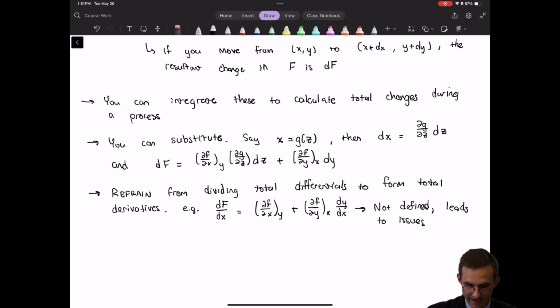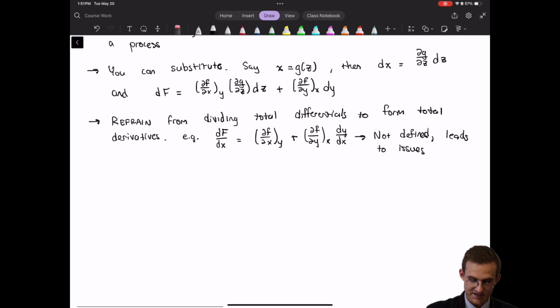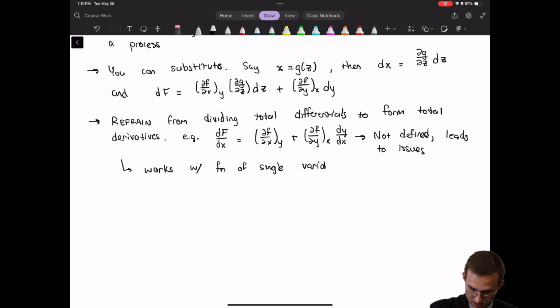The only case where this works is when you have a function of a single variable, and that's just because the definitions are comparable. The literal definition of the total differential is df equals f prime of x dx, and the derivative of f with respect to x is defined as f prime of x.